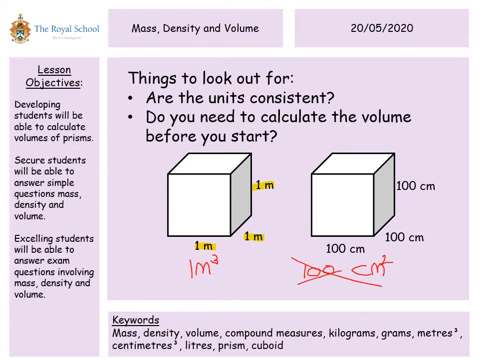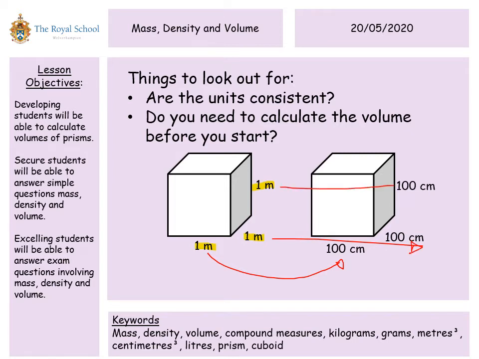That's not correct. We've got to actually convert all of our units first. So here we've got the object on the right. We've taken away all of the meters and converted them into centimeters. So you can see here that the 1 meter has turned into 100 centimeters. So is this one. Almost missed it with the arrow. And so has this one.